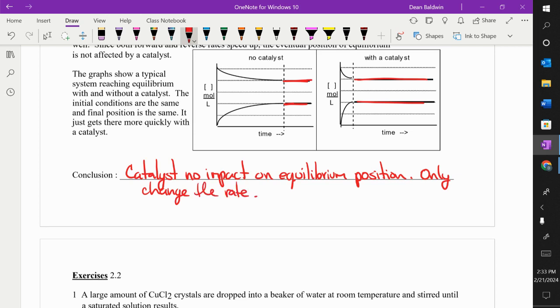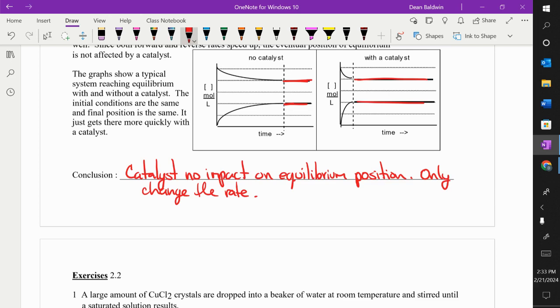How fast you get there is the only thing it will change. All right? Temperature will change the position. Initial concentrations have no effect, they'll just change the rate, and a catalyst will only ever change the rate. Because that's the definition. Okay?